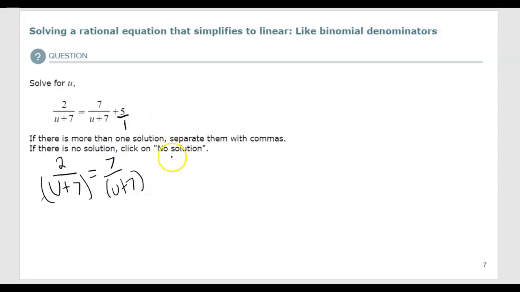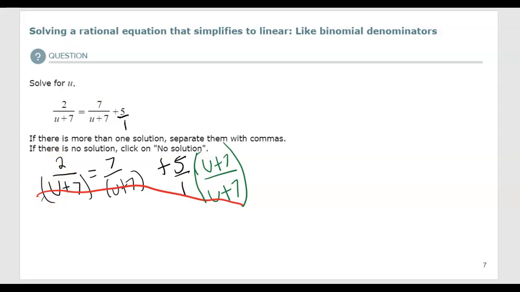So this 5 over 1 needs a u plus 7 over u plus 7. And then once we have that, we can cross the denominators out and solve the numerators. So I get 2 equals 7 plus 5u plus 35. So 2 equals 42 plus 5u.